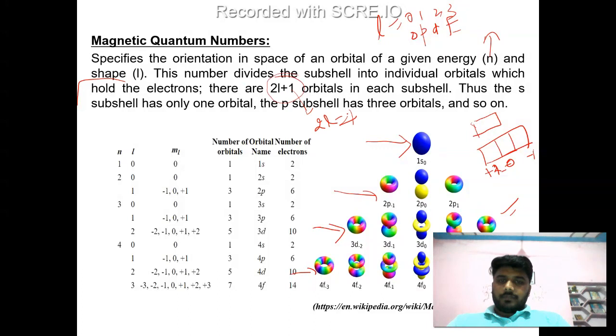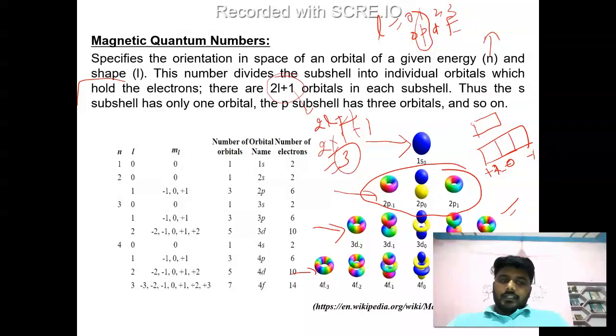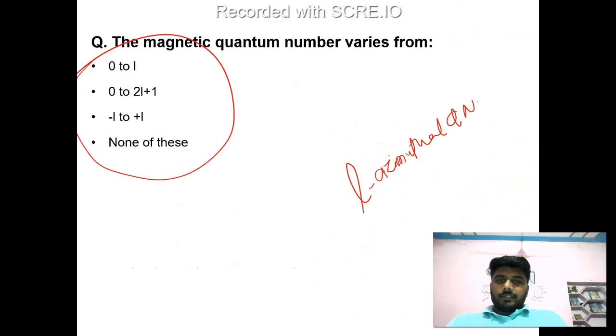For P, I will calculate 2 into 1 plus 1, which is equal to 3. So these three orbitals will be there, and they will have the magnetic quantum numbers minus 1, 0, and plus 1. So the value of the magnetic quantum number lies from minus L to plus L.